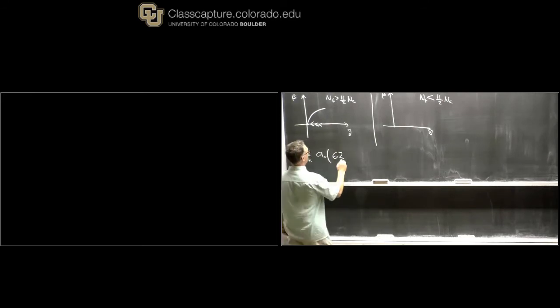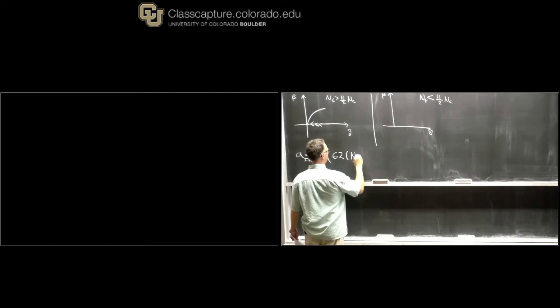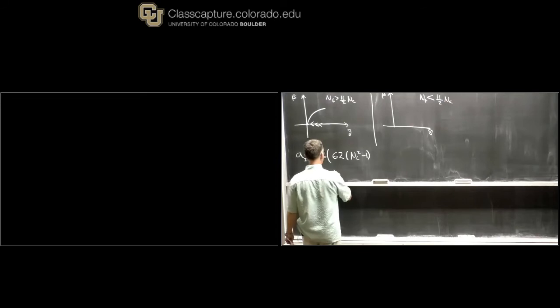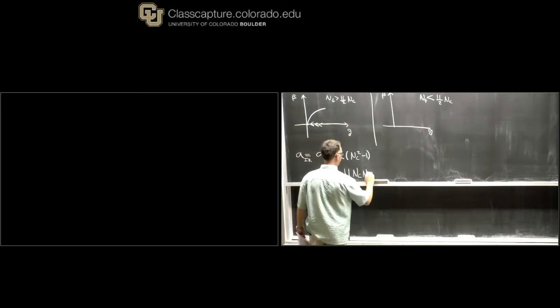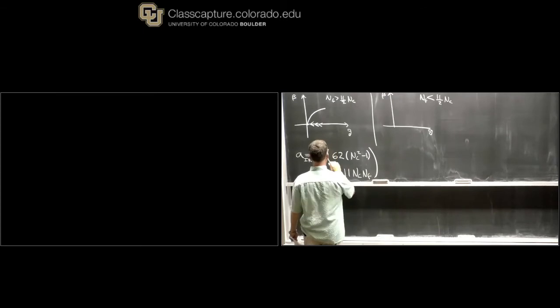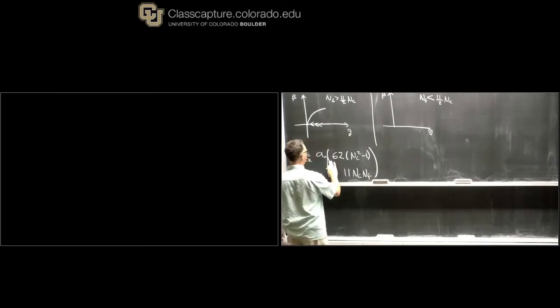So there's 62 times the number of gauge fields. And each Dirac fermion contributes 11 times that. So there's plus 11 NC NF. Okay, so that's the value of A in the infrared in this case.